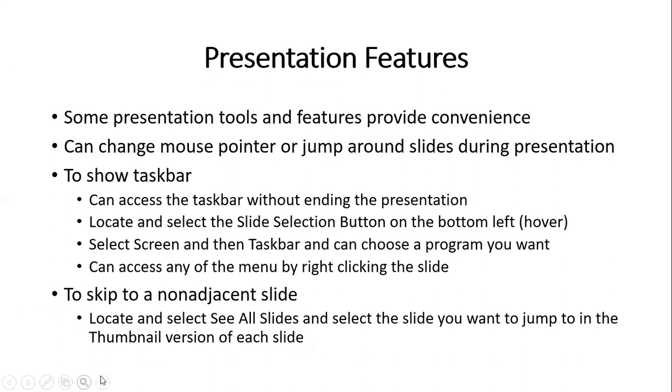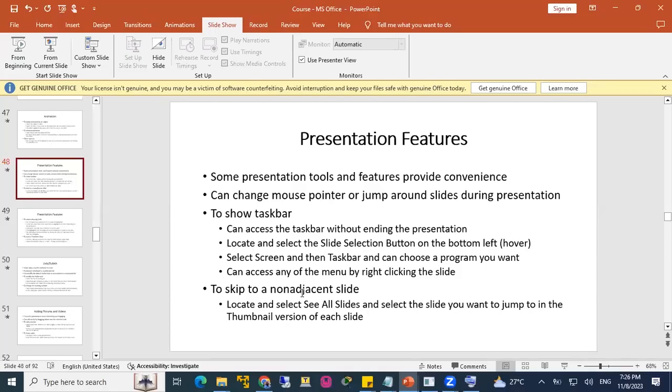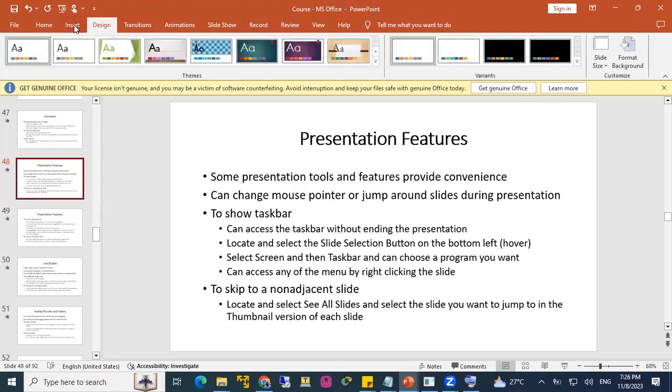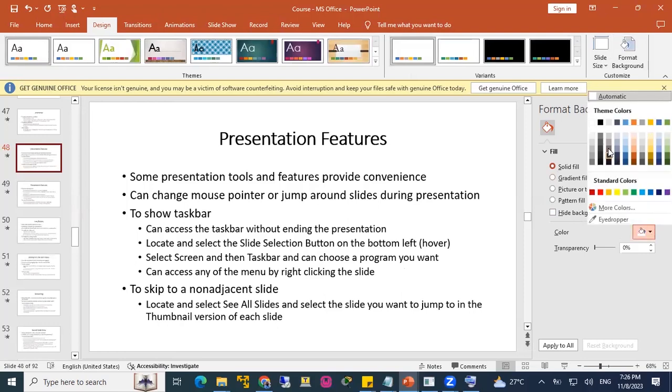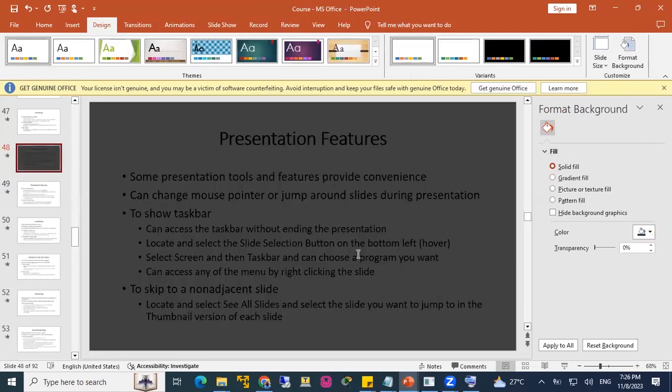So on the left corner, this is white, so you may not see it properly. So maybe I have to change the format style of this. Let me change the format and come back and show you something. Let me use a gray color. Okay.